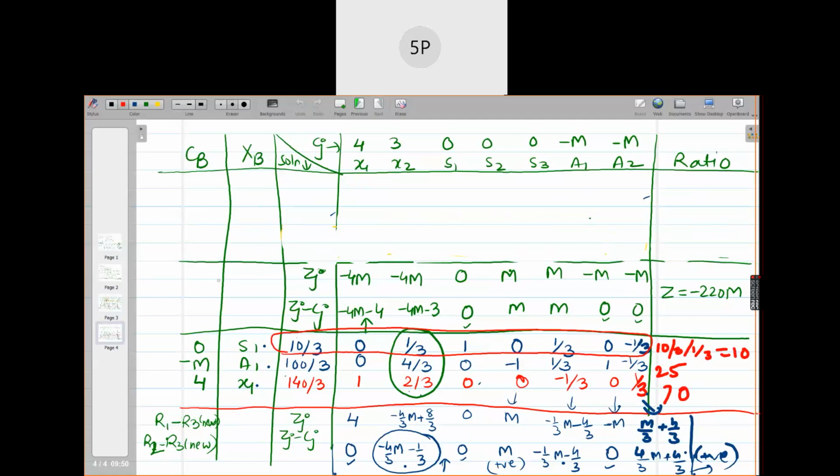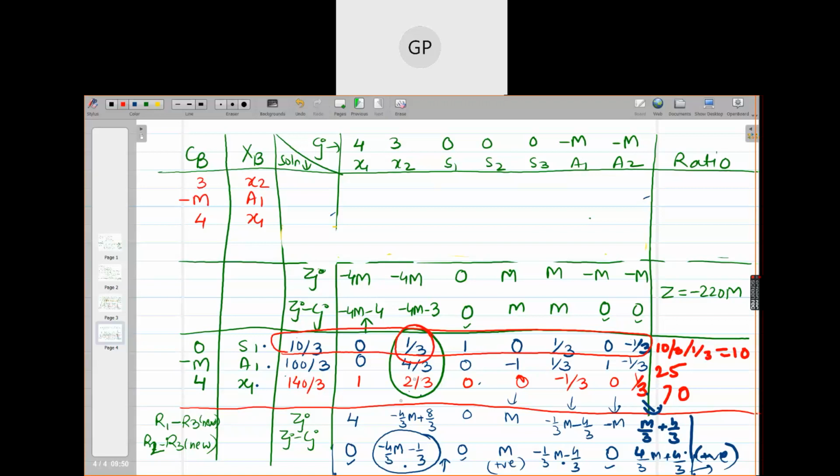Yes, ma'am. Okay. So S1 will be replaced by X2. So I am writing here X2 in place of S1, A1 as it is, X1 as it is. With coefficient 4, what is coefficient of X2? 3. And this is minus M. Now the pivot element is 1 upon 3.